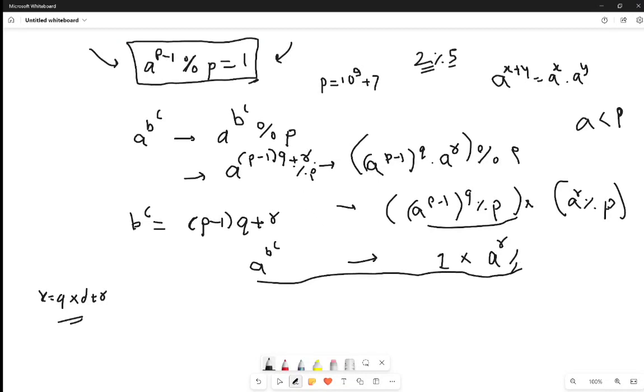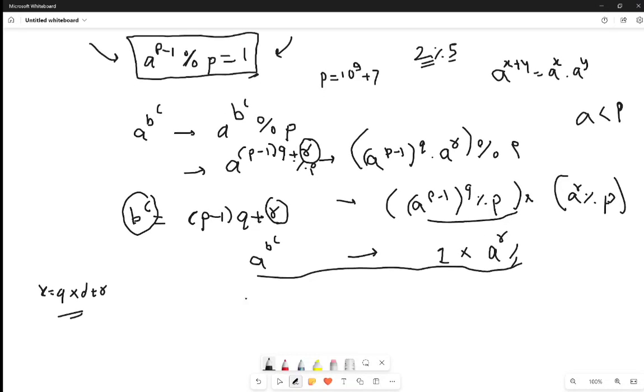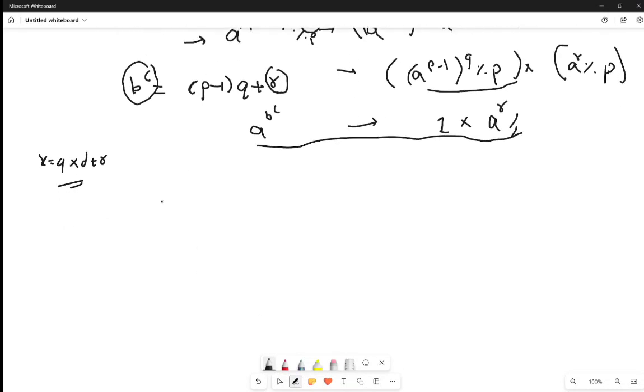R was nothing but the remainder of b to the power c. Now how can we find the value of r? This is the main question. So for finding the value of r, think like this: if we take modulo on each side, eventually we want to calculate the value of r.